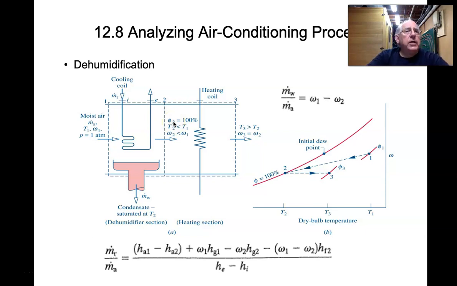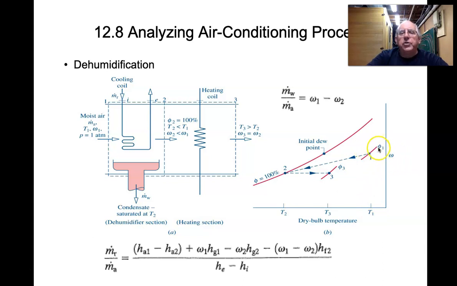We'll take a look at where that is on the psych chart in just a second. If we were to plot the location of state 1, here is the temperature 1 at a given humidity ratio.